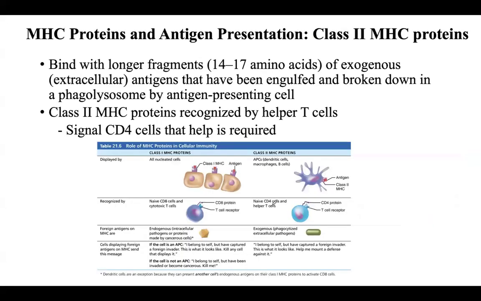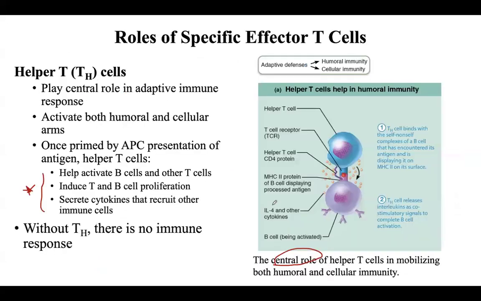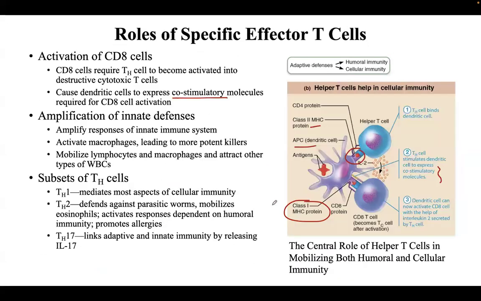So here, if you take this helper cell out of the scene, then what do you see? There is an antigen presenting cell that has a class 1 MHC protein and an antigen. CD8 is interacting with it and just destroying it, right? So that's how CD8 works.